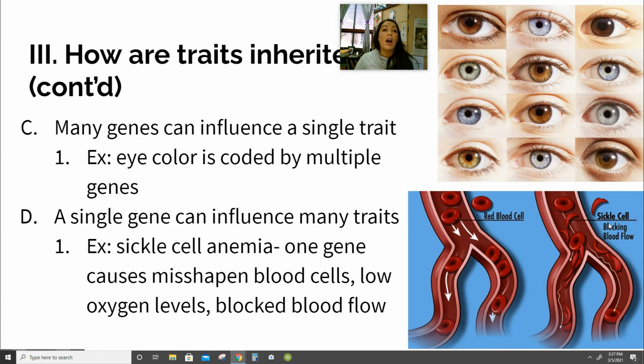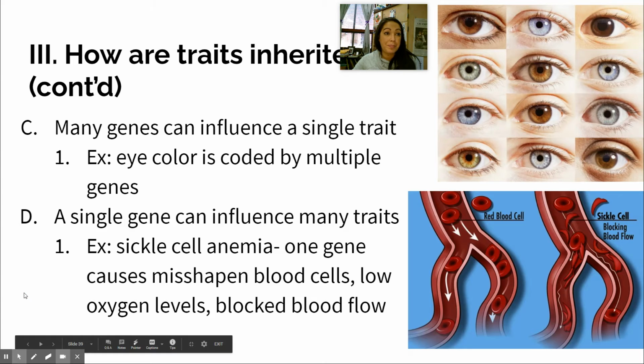This can cause a lot of issues with low oxygen levels, veins and arteries getting blocked, and issues with circulation and blood flow. But typically low oxygen levels are a really big problem for people with sickle cell anemia.